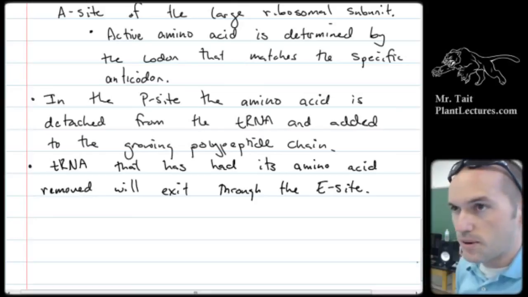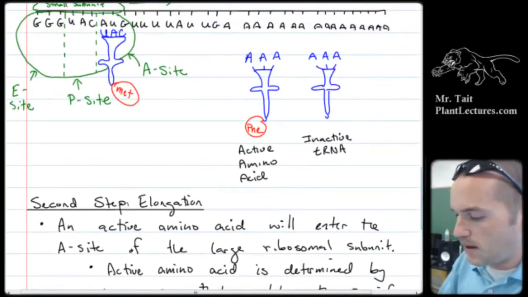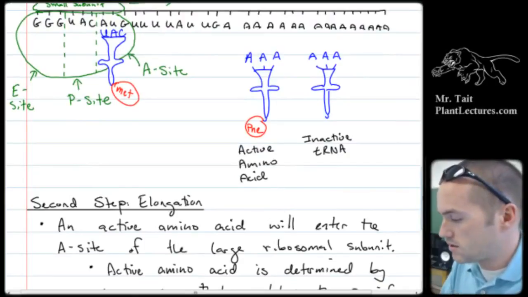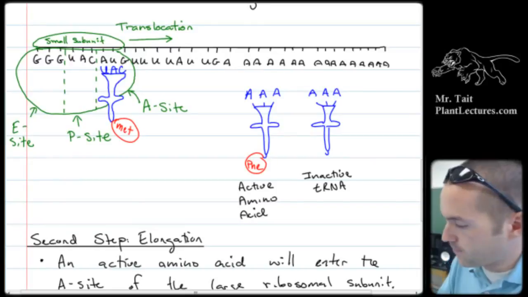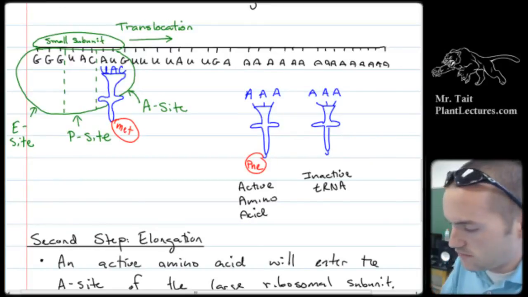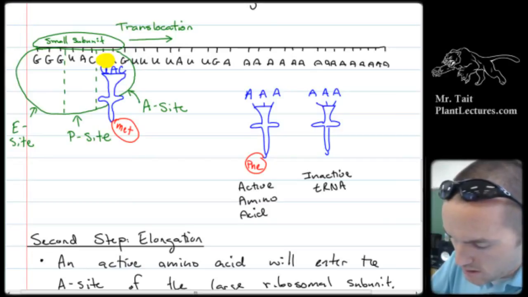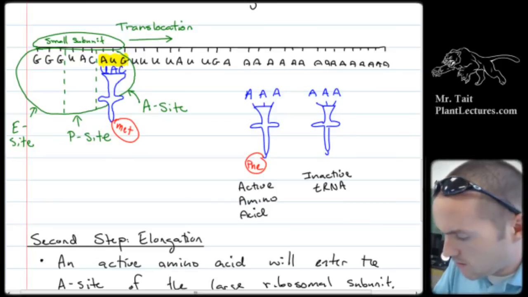So this process happens over and over again, and as it keeps happening, this polypeptide chain that's in the P site is going to keep getting longer and longer until it's the size that it's supposed to be. So if you look here, in this particular sequence that we've done, we've got AUG, right?